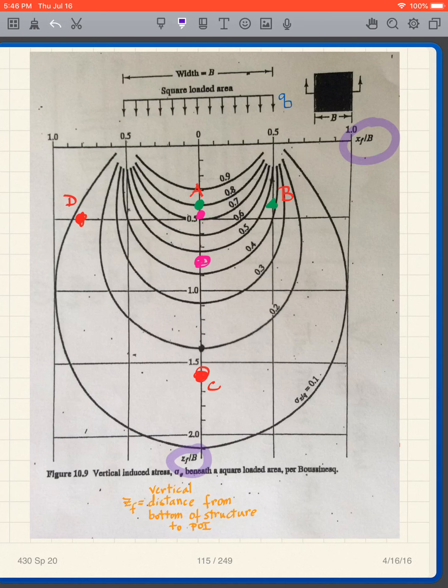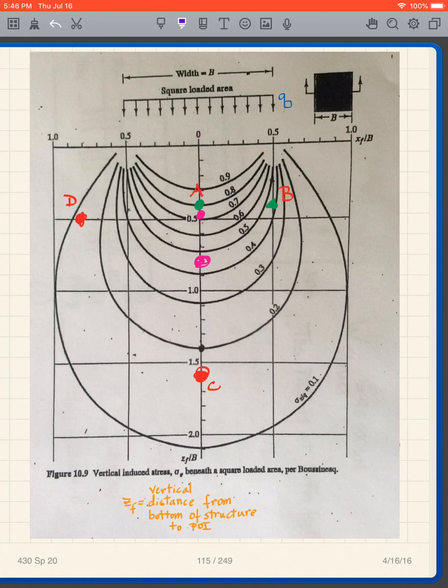So in other words, here are my axes of my coordinate system there, x sub f over b and z sub f over b. So we just have to take the x sub f over b and z sub f over b, put them on the chart. So point A is below the center, x sub f over b is 0. So I go down here, and what am I looking for?